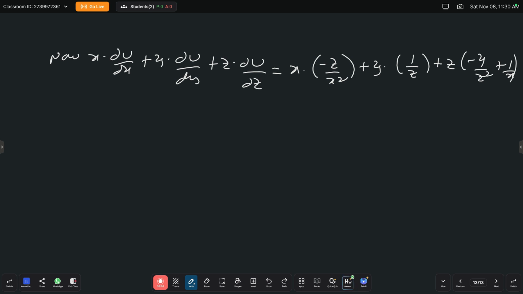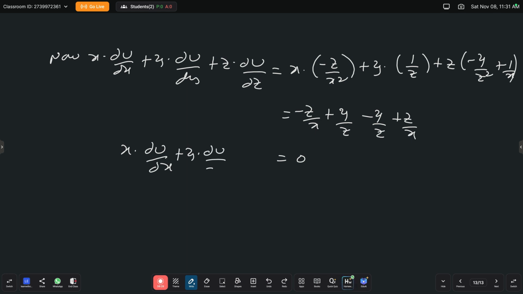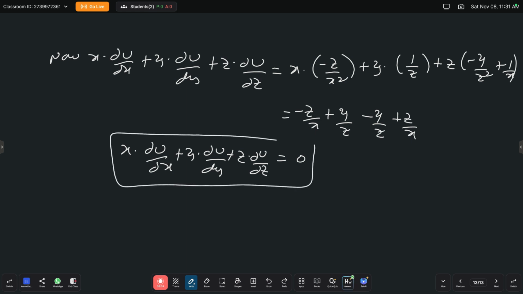Now the value is -z/x + y/z - y/z + z/x. Now the value will be 0. So therefore, x ∂u/∂x + y ∂u/∂y + z ∂u/∂z equals 0. Hence the proof.